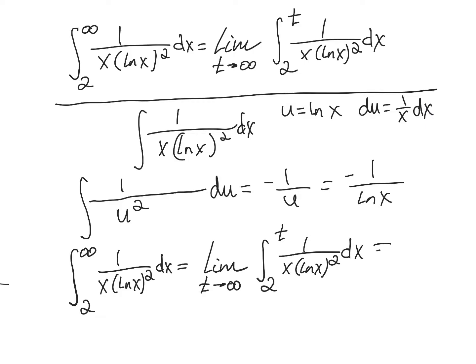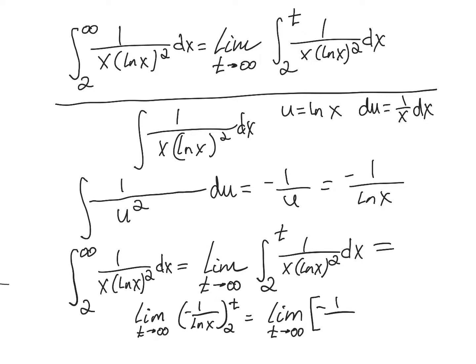We just found the antiderivative, so this will equal the limit as t approaches infinity of negative 1 over natural log of x evaluated from 2 to t. And that is equal to the limit as t approaches infinity of negative 1 over natural log of t plus 1 over natural log of 2.